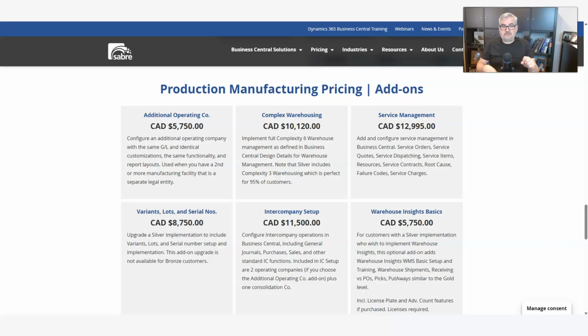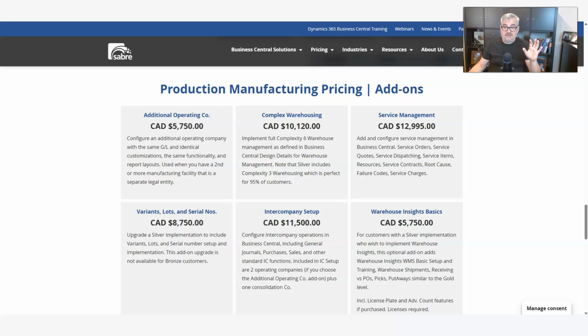The additional operating company in the top left of the screen is something that not every company needs. Some companies have additional operating companies, some don't. So you have two tax IDs because you have two plants. They operate their own chart of accounts and their own income statement. They're separate businesses. You need the additional operating company.